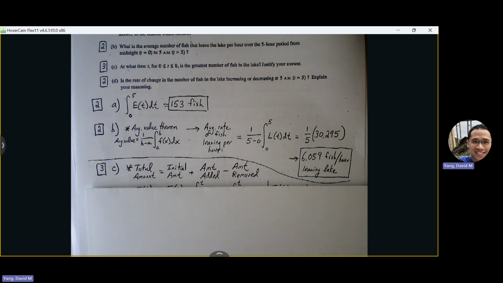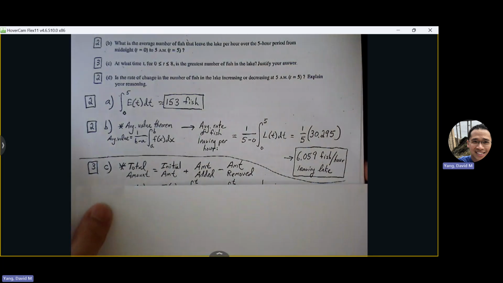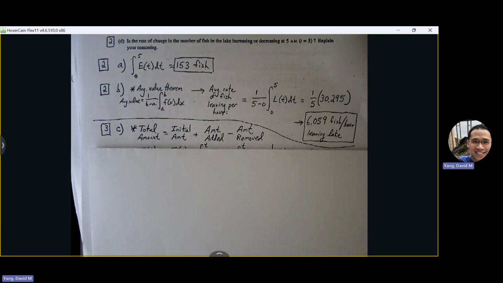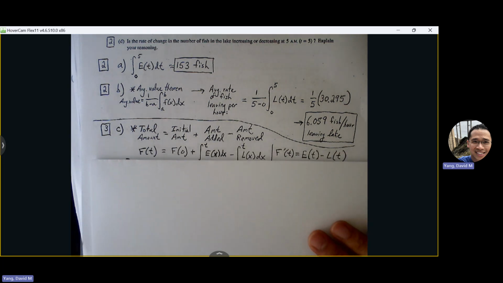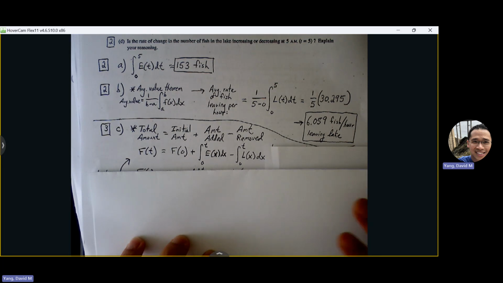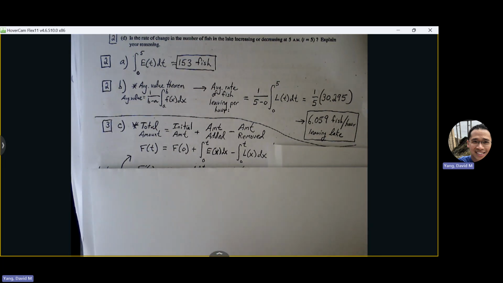So we have a formula for the rate at which fish are entering, a formula for the rate at which fish are leaving, and we also have the initial number of fish in the lake. So this is how I'm going to set up my f of t equation. That's going to give me the number of fish in the lake at any moment in time after we consider all these moving parts.